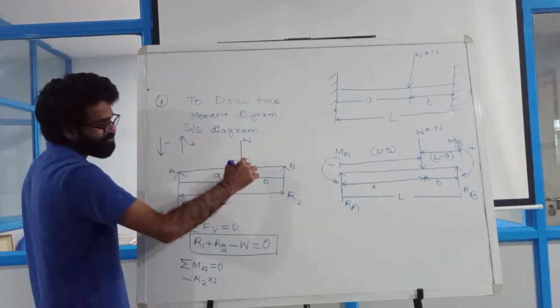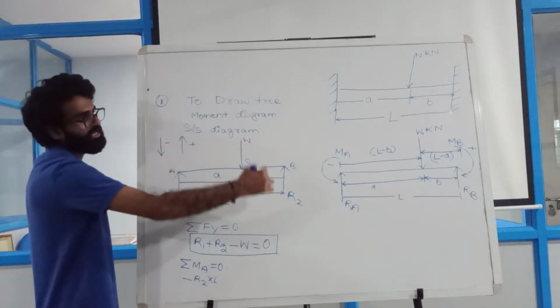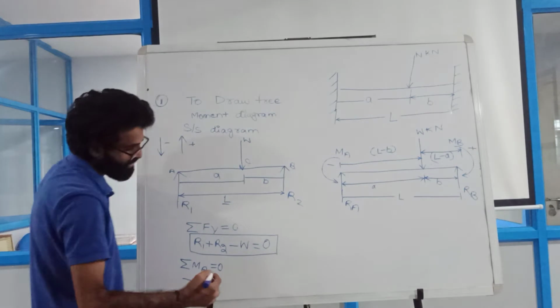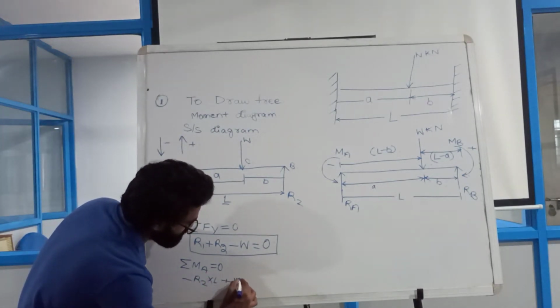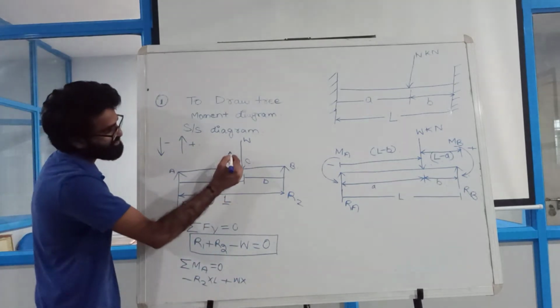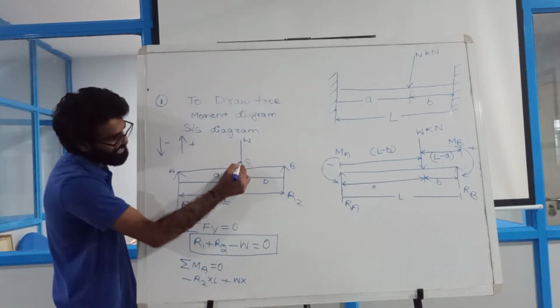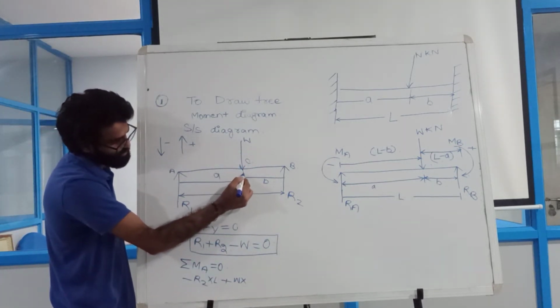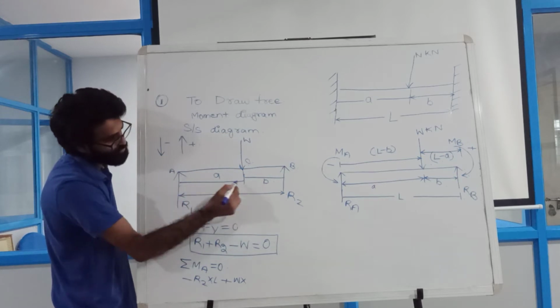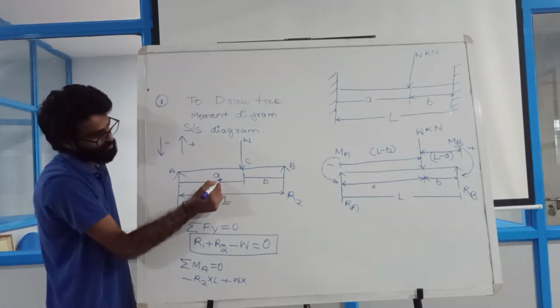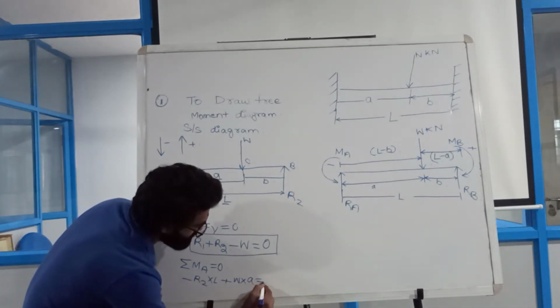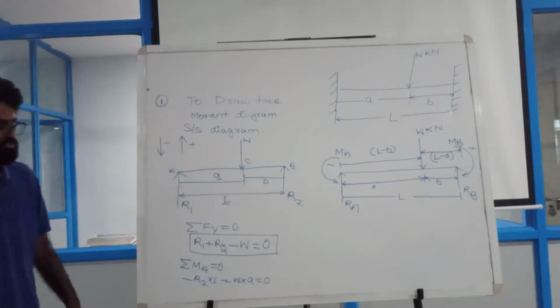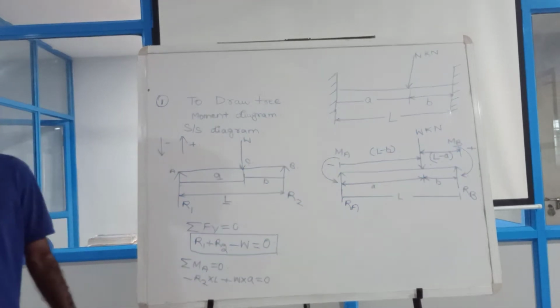Downward direction means it is going to give me a clockwise moment, and clockwise means positive. So W into the distance where W is acting, which from point A is small a. I multiply with small a, and this is equal to 0. So this is my equation now.